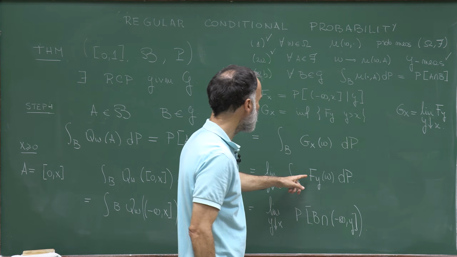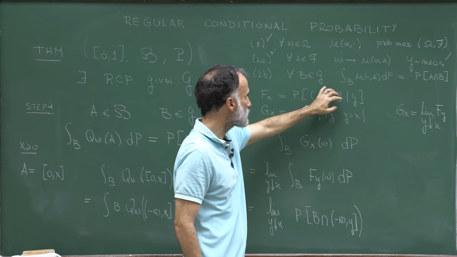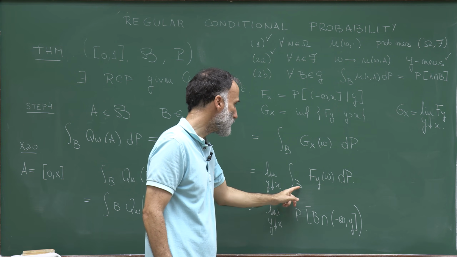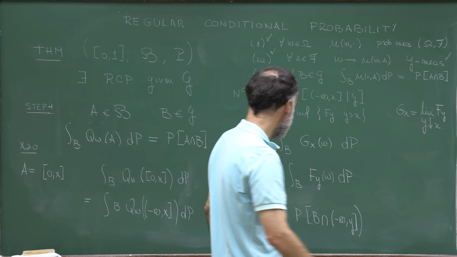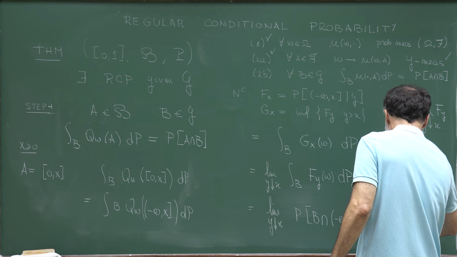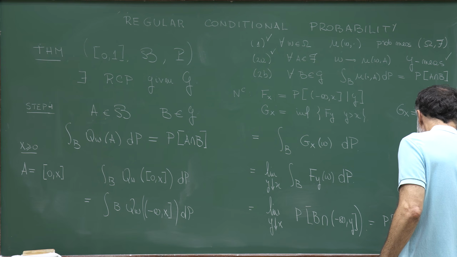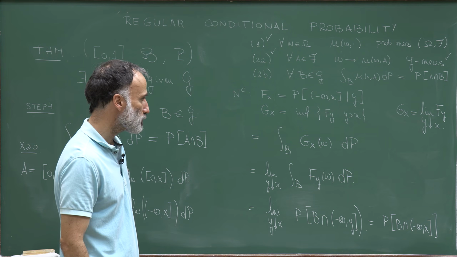This is by the fact that F_y is the conditional probability of this interval given G, and therefore it satisfies this identity for any set B in G. And now by taking the limit of y to x, this is equal to the probability of B intersection (-infinity, x], just because this set is decreasing to that one.